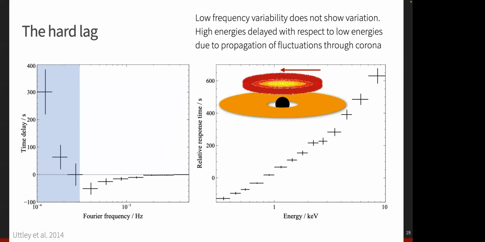So this propagation happens in the low frequency components, which is why we see this turnaround here. But when we measure reverberation, this is why we do this in the Fourier domain, so that we can filter out the high frequency and the low frequency processes, and we can analyze the high and the low frequencies separately.